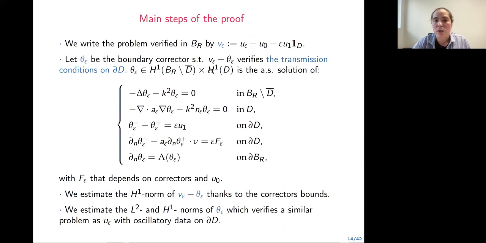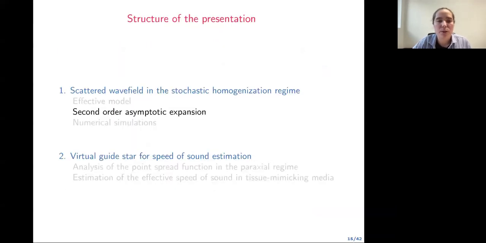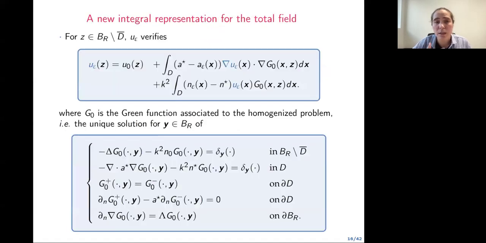So then, as I said, you first estimate V epsilon minus theta epsilon, and then you estimate theta epsilon, and you get your estimation of your error. Okay, so can you do better than this effective model outside of D? What we do is we go back to our integral representation, but we write another integral representation.